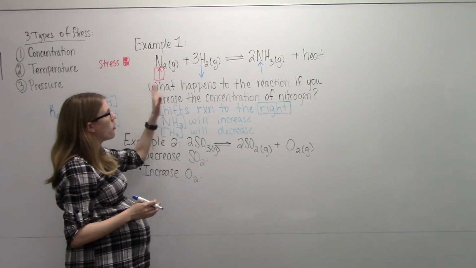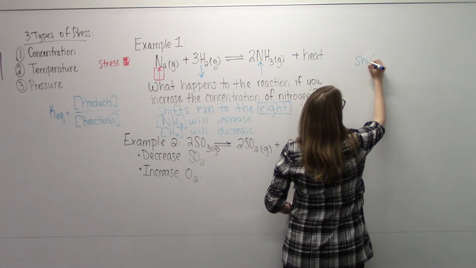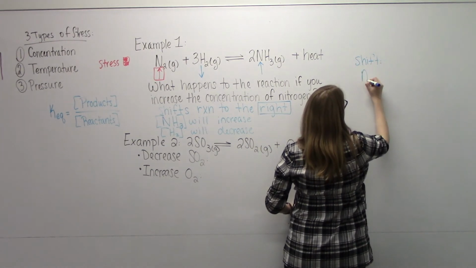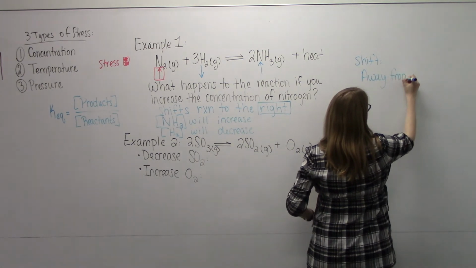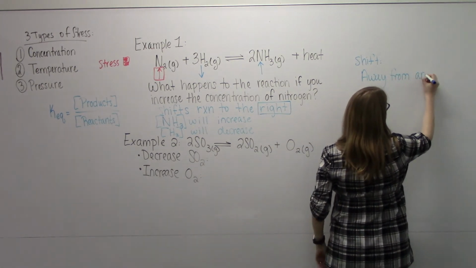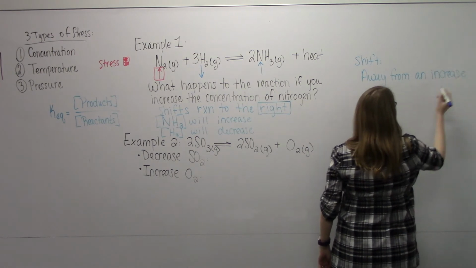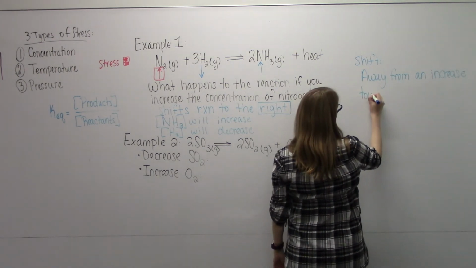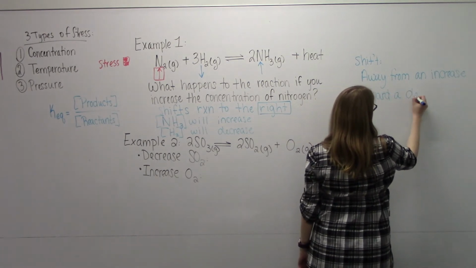The shift will always be away from an increase. That's our stress. If the stress is an increase, it's going to shift away from it. The shift will always be toward a decrease, which we're going to see in the next example.